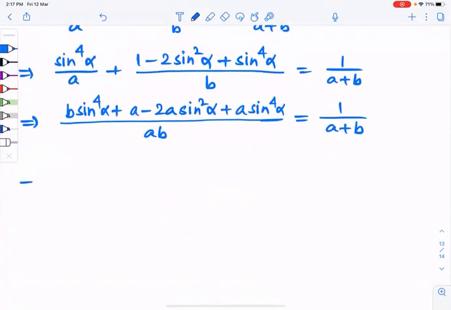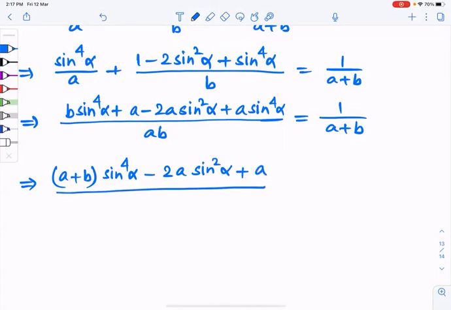So I am having 2 sine power 4 alpha terms, one is here and one is here. If I take both of them together, I will get a plus b sine power 4 alpha, then minus 2a sine square alpha plus a, divided by ab. Right hand side 1 by a plus b.